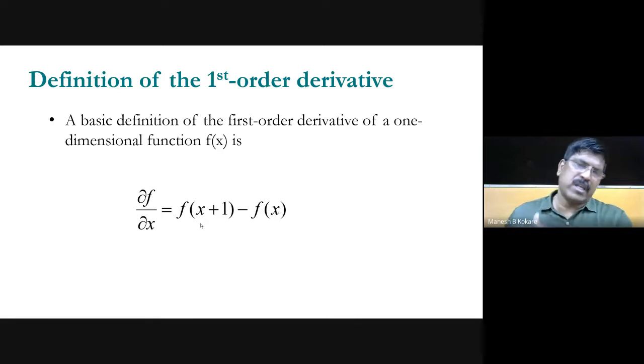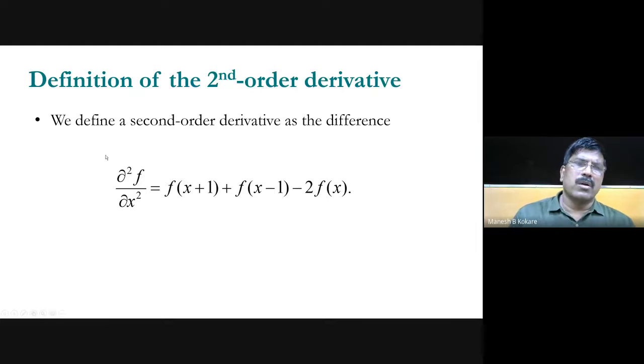If you are operating on the rows, this is the current pixel and this is the next pixel; this pixel will be f(x+1), and this pixel will be f(x).